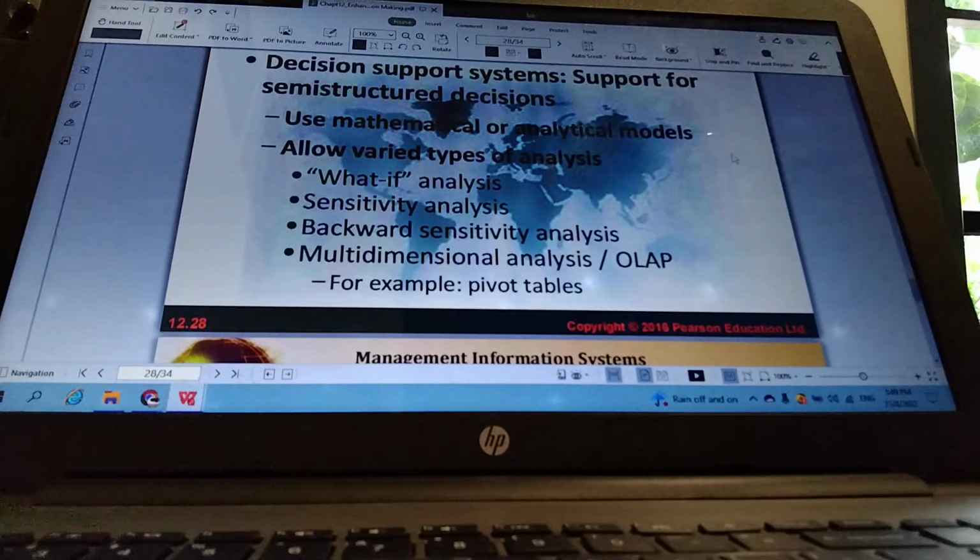Some features of the decision support system: basically any DSS, or decision support system, uses a mathematical or analytical model built in for processing. It also allows you to do what-if analysis, sensitivity analysis, backward sensitivity analysis, multi-dimensional analysis, online analysis, and many more features.